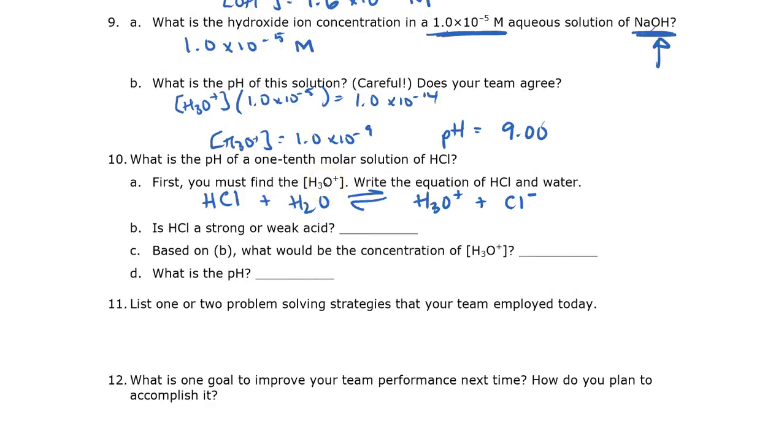So if you have a 1/10 molar solution of HCl, we need to figure out the concentration of hydronium. So is HCl a strong or a weak acid? You should know that it's strong because you've memorized them. So based on that, what is the concentration of hydronium? Pause the video and write your answer.